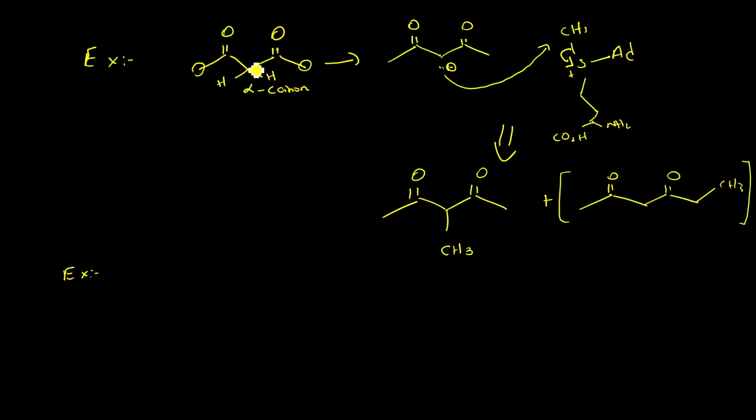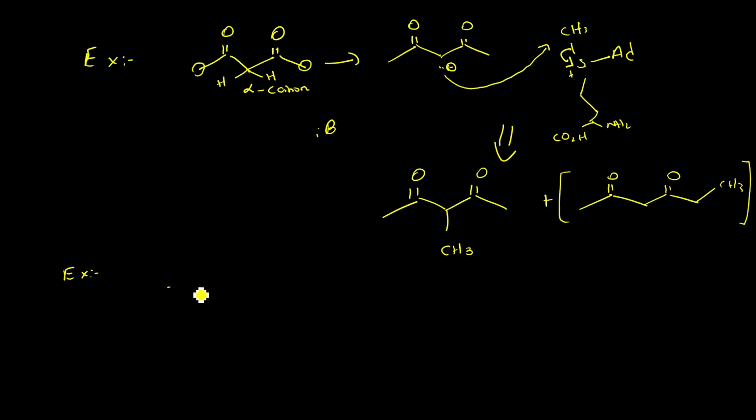Because this is very much acidic compared to this one. In order to form this anion, you need a base, right? You need a particular base. The base prefers to attack this particular hydrogen because it has high acidity rather than this. These are basic concepts in biochemistry, right? We will talk about these reaction steps and these tendencies more often in our next videos. So I hope you get the idea.